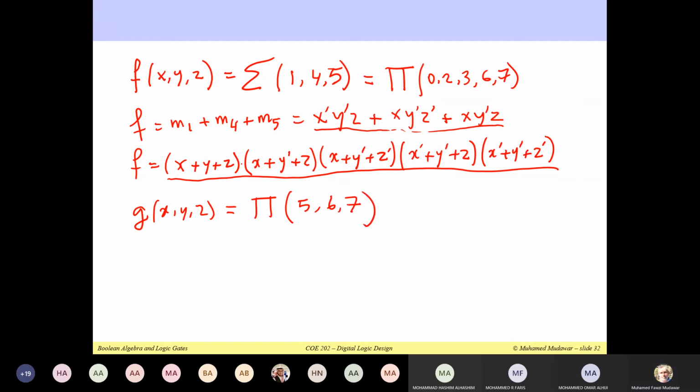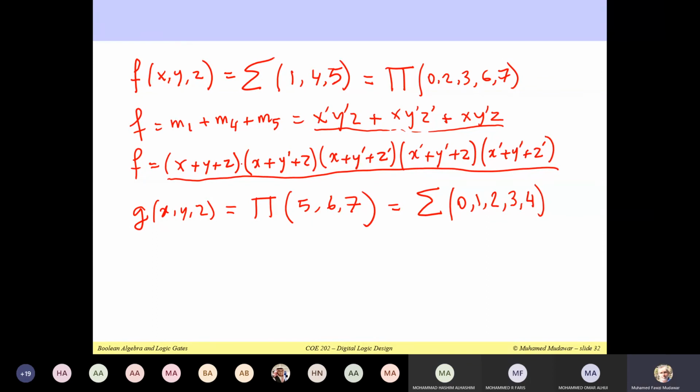Of course, I can list the minterms. Can I list the minterms here in sigma notation? What are the minterms? 0, 1, 2, 3, 4. Exactly. That's it.